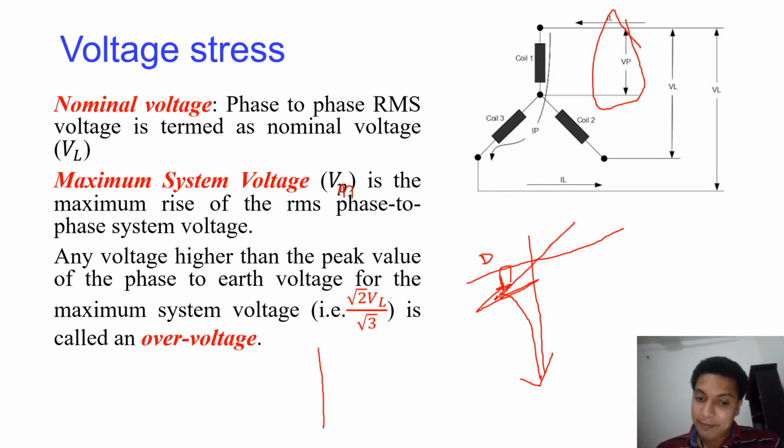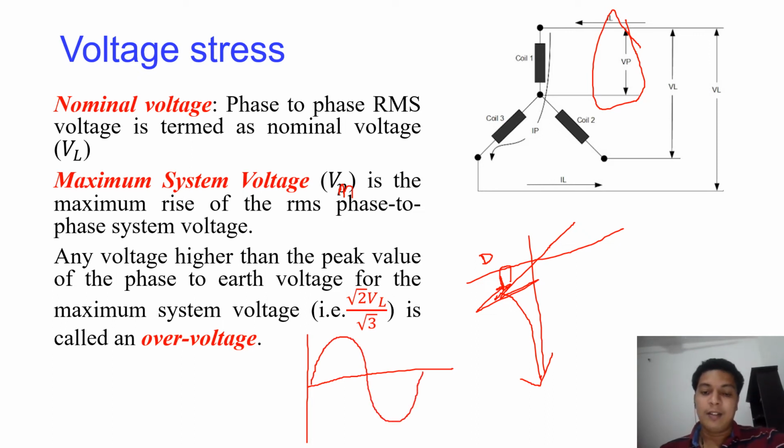Let me say this is your system voltage. When I say phase voltage, that is the RMS value, so root 2 times the phase voltage will be the maximum voltage.